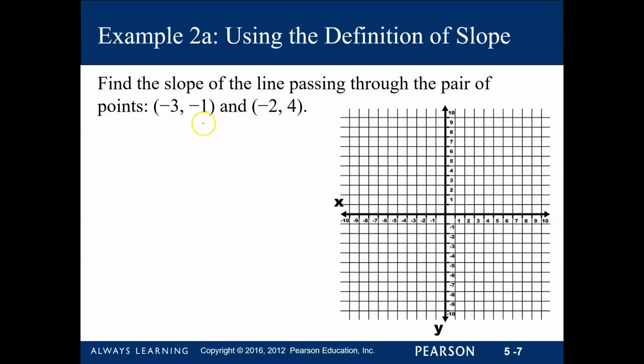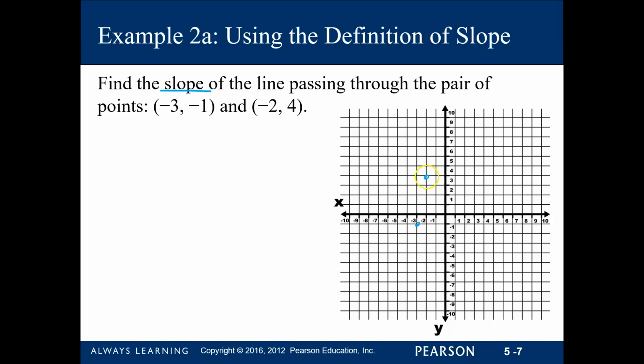All right, so let's take a look here. Find the slope of the line passing through the pair of points (-3, -1) and (-2, 4). In this case, we don't need to solve for an equation. It's just asking us for the slope. So we identify those points. We have (-3, -1), which is going to be this point here, and now we have a second point, which is (-2, 4), which is going to be this one over here.